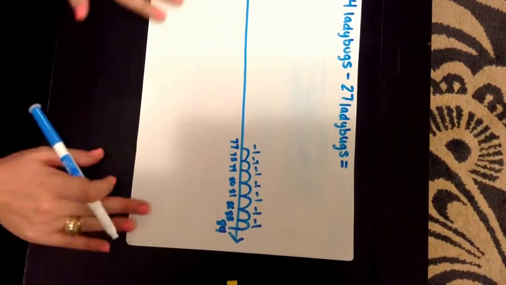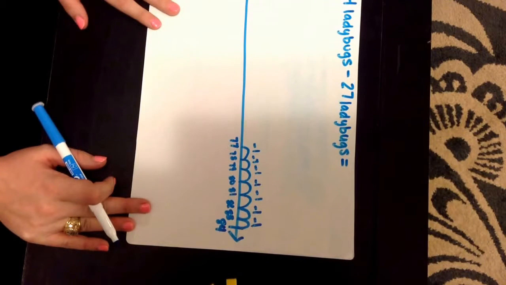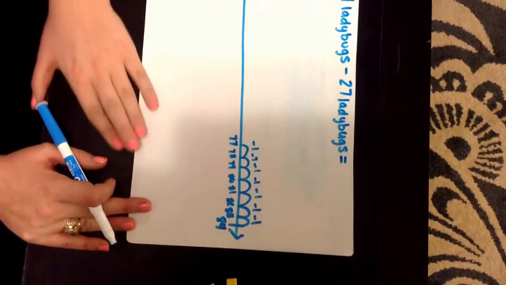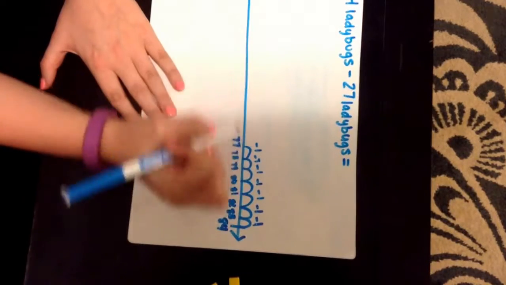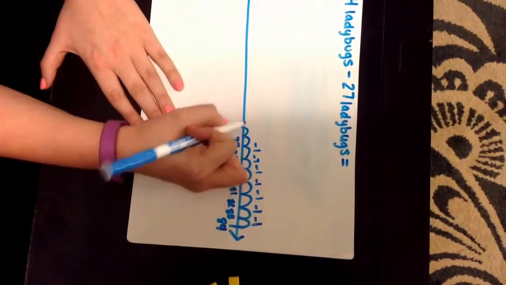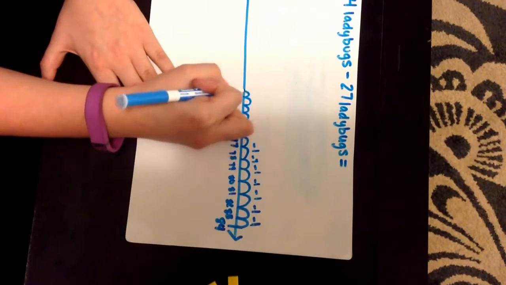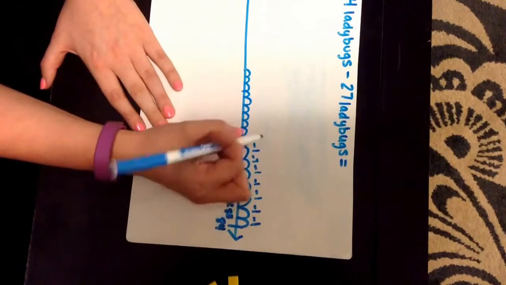So if we're at 77 ladybugs, we still need to subtract 20 ladybugs from 77. There's a couple of ways that we can do this. We can write out and do 10 hops, 1, 2, 3, 4, 5, 6, 7, 8, 9, 10, subtracting 1 each time.